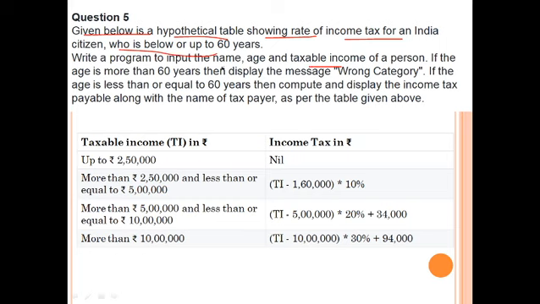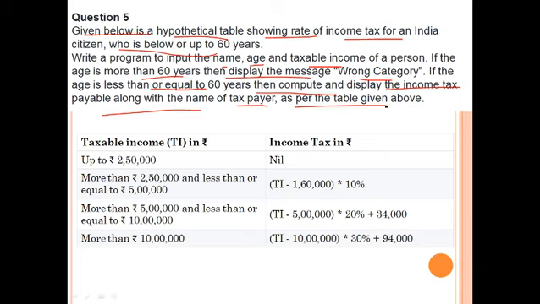So three inputs you have to take. If the age is more than 60 years, then display the message wrong category. If the age is less than or equal to 60 years, then compute and display the income tax payable along with the name of the taxpayer as per the table given below.